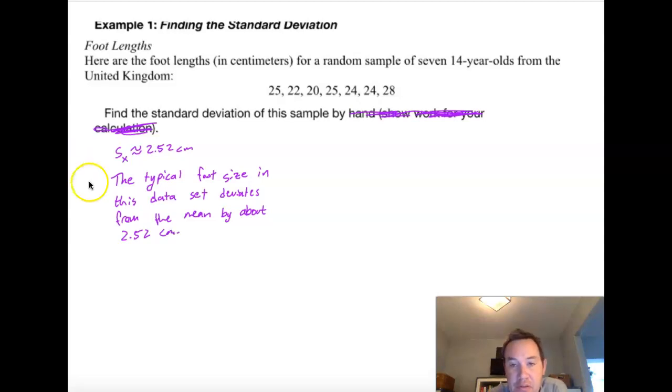So it's just a typical deviation from the mean. Always want to make sure that you're discussing it in context, context meaning add units and talk about what the data is representing.